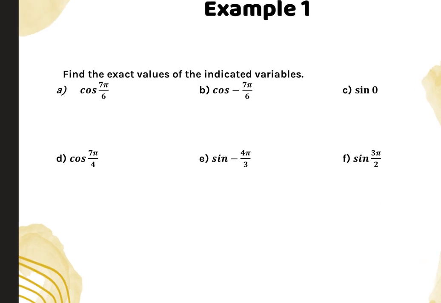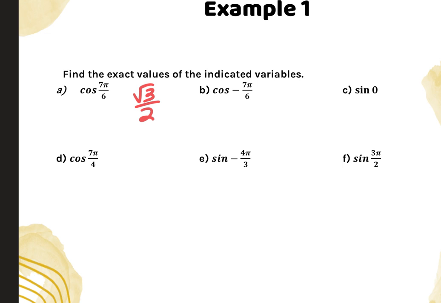Now, try to recall, okay? First of all, A says cosine of 7 pi over 6. My angle's an over 6, yes? What's the coordinate point at the over 6? Root 3 over 2 and 1/2. Which part of that is the cosine? The x, which is root 3 over 2. That part, got it. Value, got it. Now I have to figure out my sign.